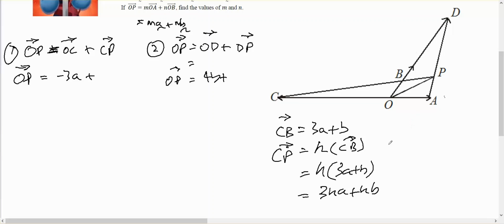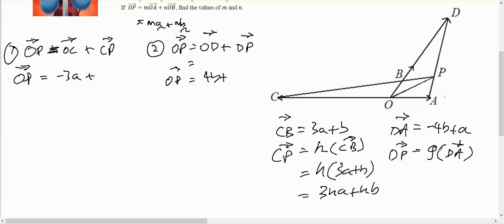Let's say that DA is minus 4B plus A, because that's going from D to O and then O to A. And that DP is also some proportion, let's call it G, of DA.